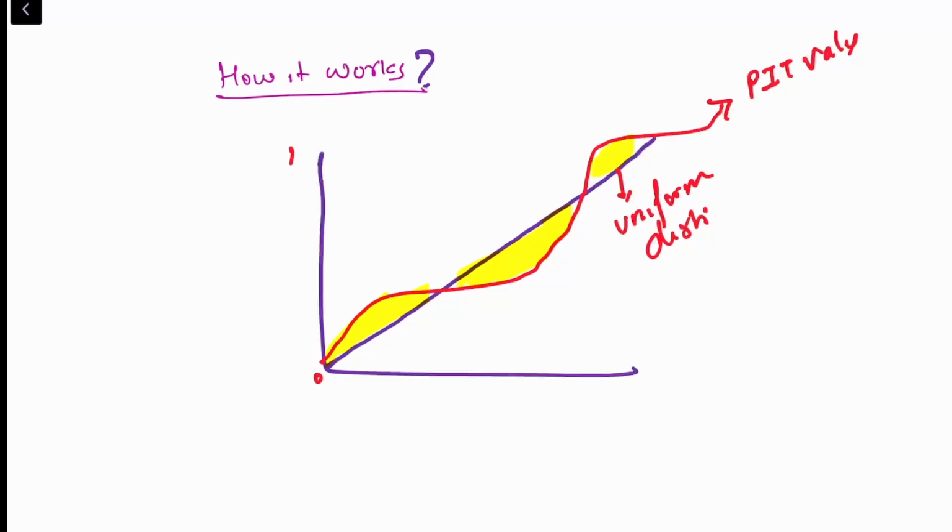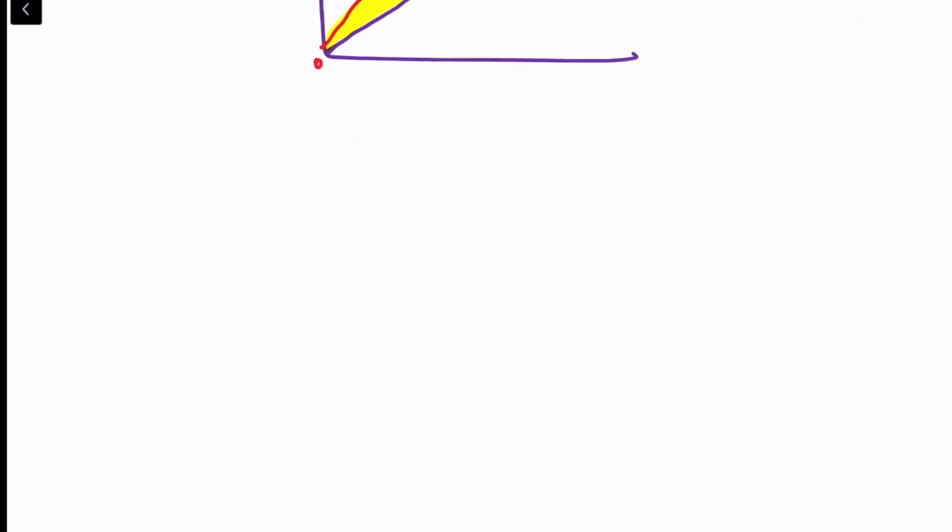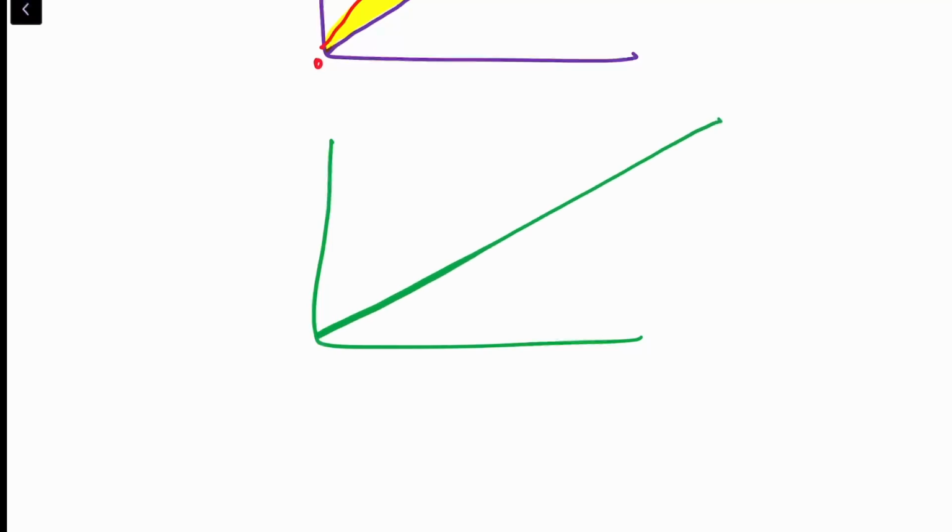Suppose this is the expected, and your line is somewhat like this only; that means your model is more or less the same. But if it is like this, we need to work on our model.